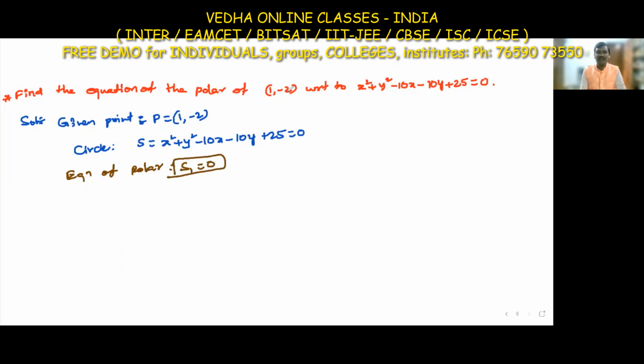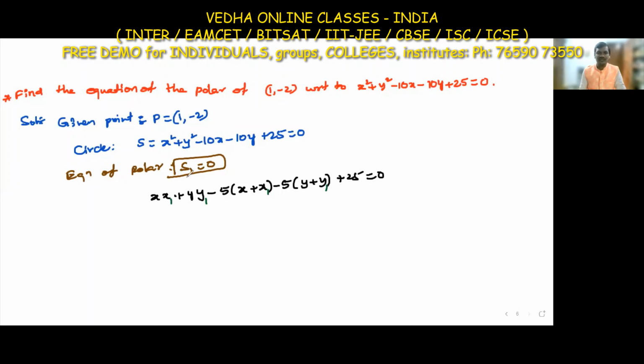How to write S1 equal to 0? x square I am writing as x into x, y square as y into y, minus 10x as minus 5 into 2x, where 2x is x plus x, and minus 10y as minus 5 into 2y, where 2y is y plus y, and plus 25 equal to 0. Leave one x and write the other one as x1: x into x1 plus y into y1, plus here x plus x1, here y plus y1.